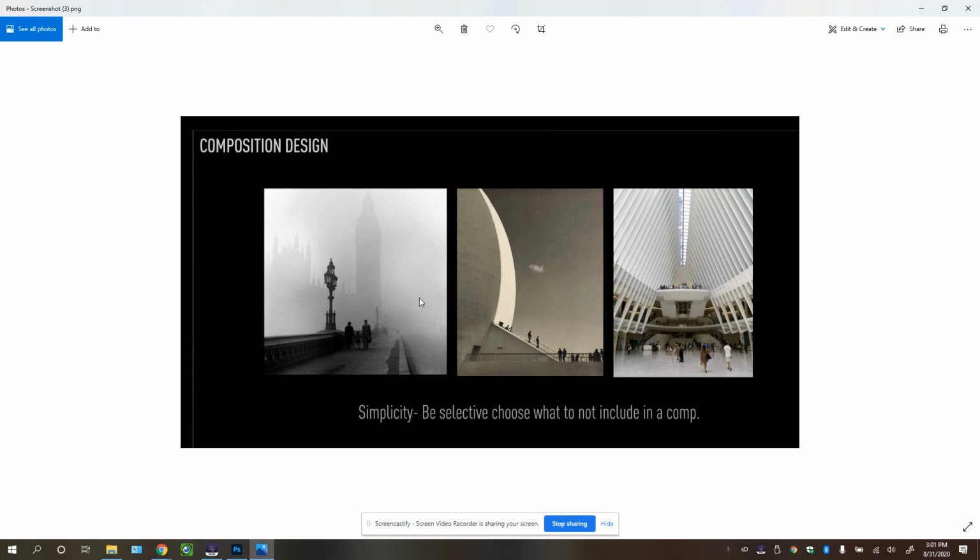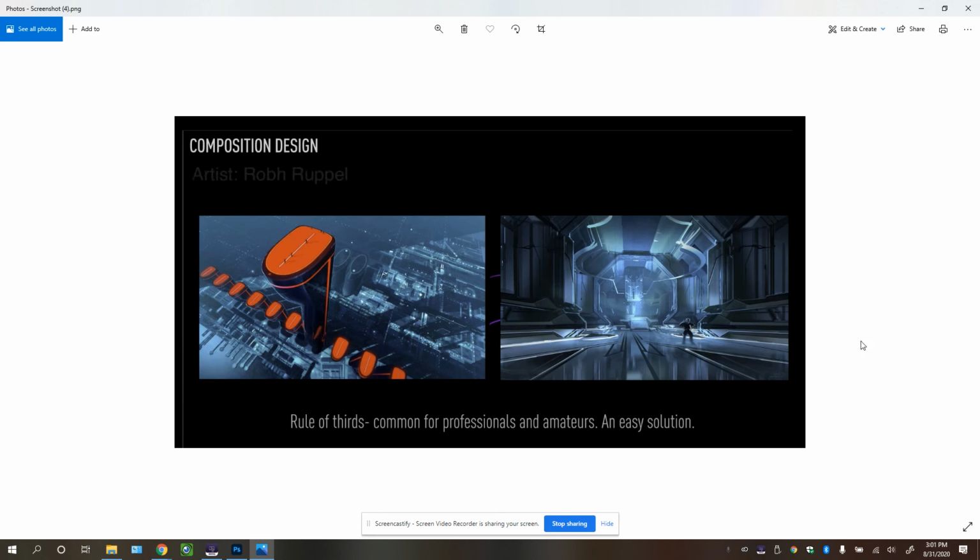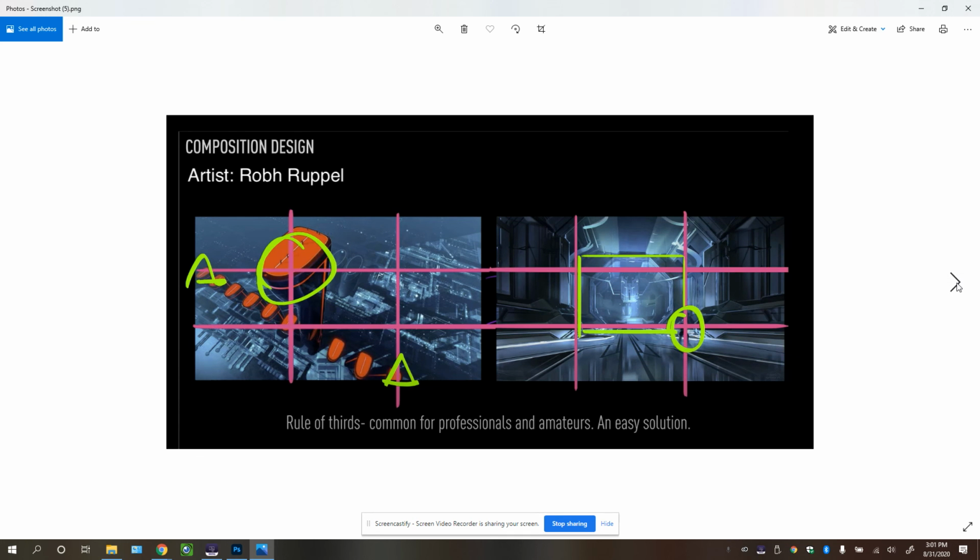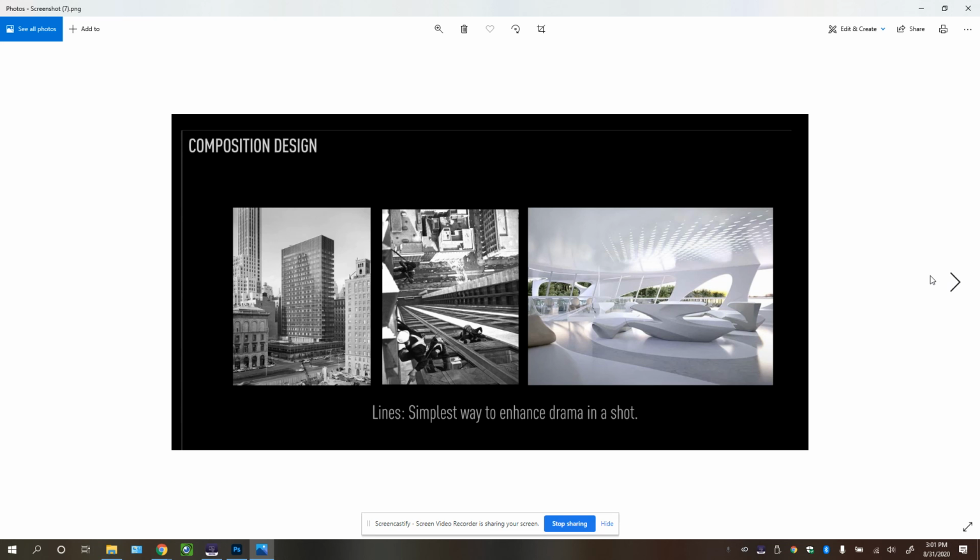Try to think about what you want to have in focus, or what is in focus that leads your eyes towards the most important part. Use the rule of thirds to create a focal area, or a place that is a little bit more dominant in your picture. And lastly, think about how the lines, edges, and shapes in your composition will make the viewer feel and how they will look at the picture.